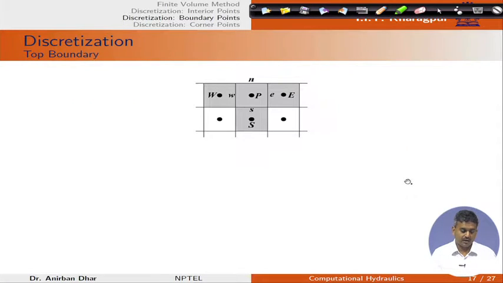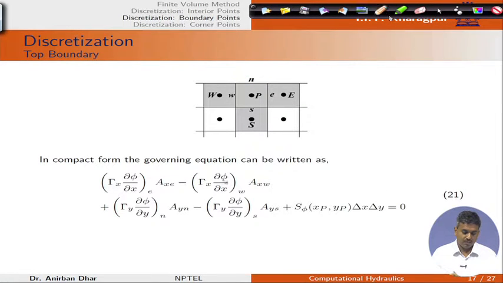If we consider our top boundary, we need to eliminate the derivative at north boundary, because that is Neumann boundary condition. So, this is equal to 0.